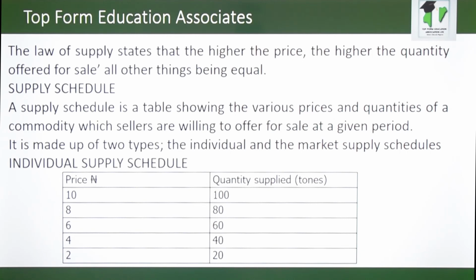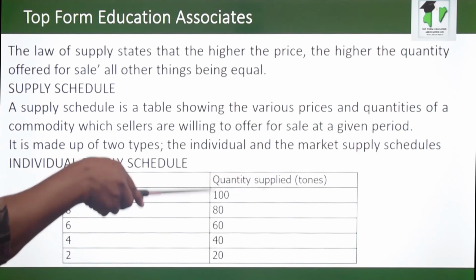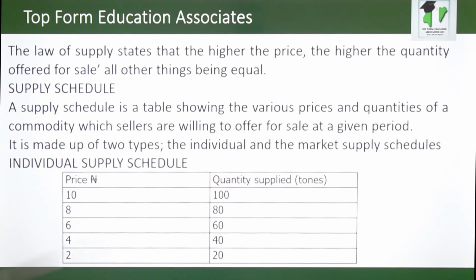Just like we have demand schedule, we equally have supply schedule. What is a supply schedule? A supply schedule is a table that shows different quantities of a commodity supplied at various prices. We equally have two types of supply schedule: individual supply schedule and market supply schedule. Individual supply schedule is a table for one individual, for one person.